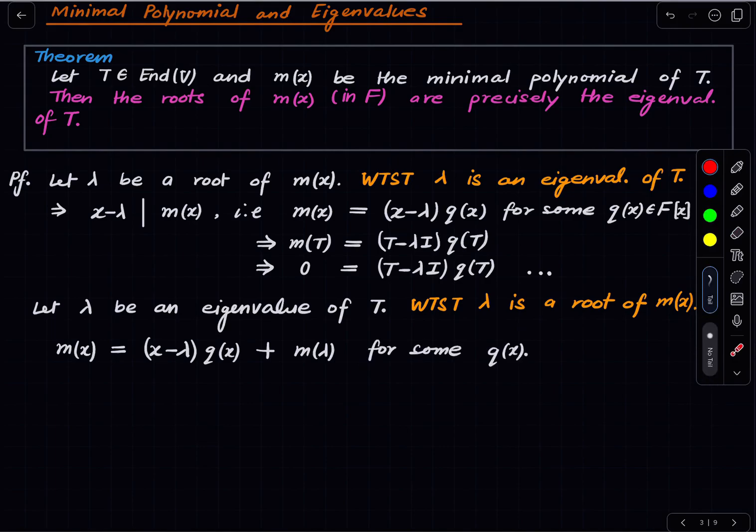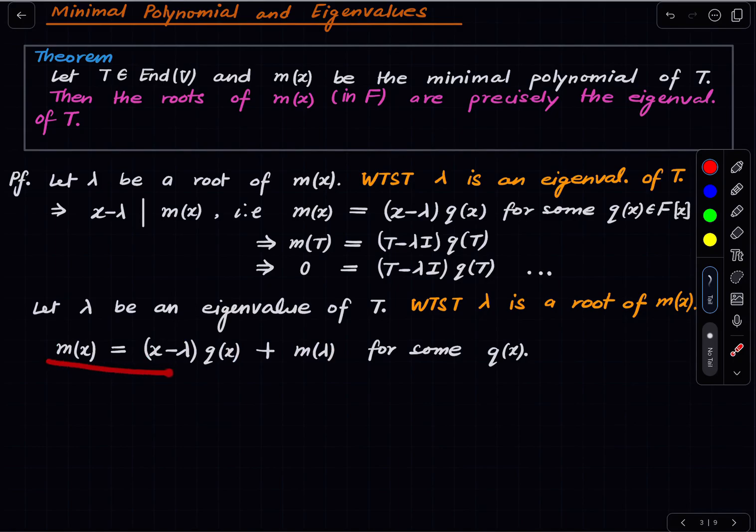Right, we are just using a very special case of the division with remainder theorem. We saw this. You have a polynomial, you divide it by this, you get a quotient and a remainder. The remainder is necessarily that, because when you evaluate lambda on both sides, the left side will be m(lambda), this will go away, so this has to be m(lambda).